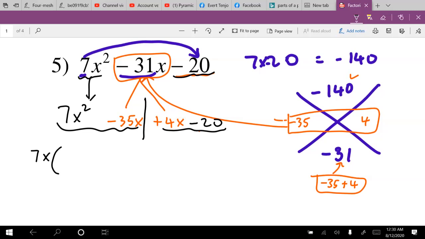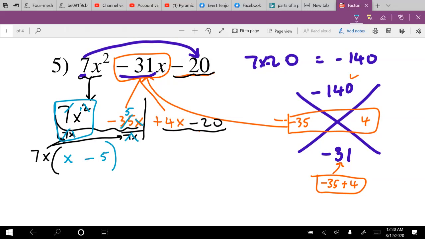So we're going to divide 7x squared by 7x, and we're going to divide 35x by 7x. 7x divided by 7x, 7 will cancel, and this x will cancel that too, and we're left with x. And we'll divide 35x by 7x, 7 going to 35, 5 times, that will become -5.